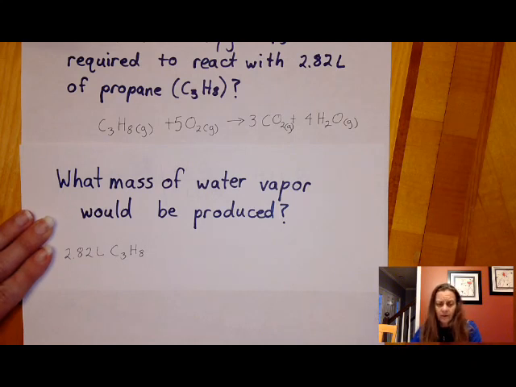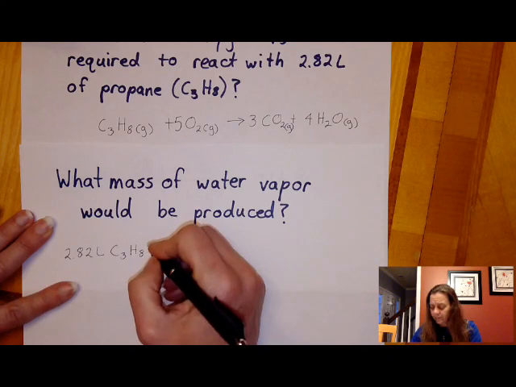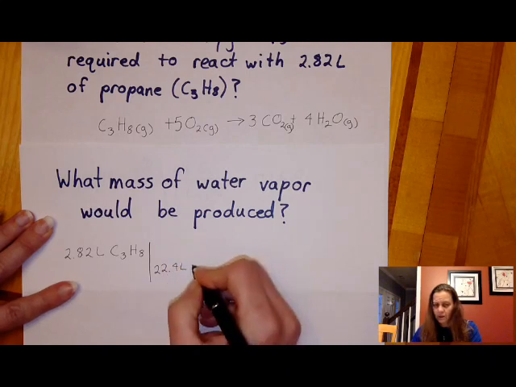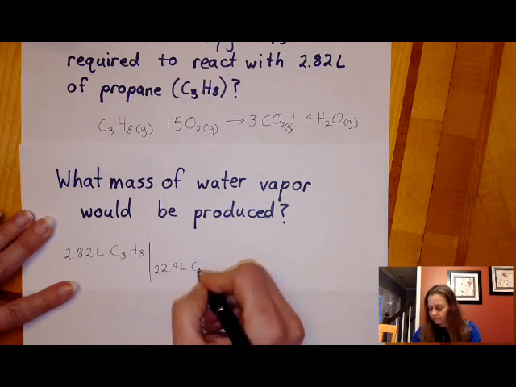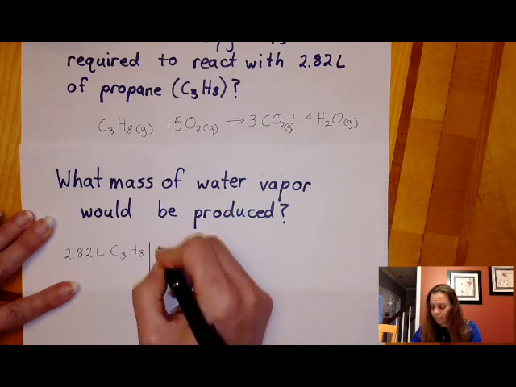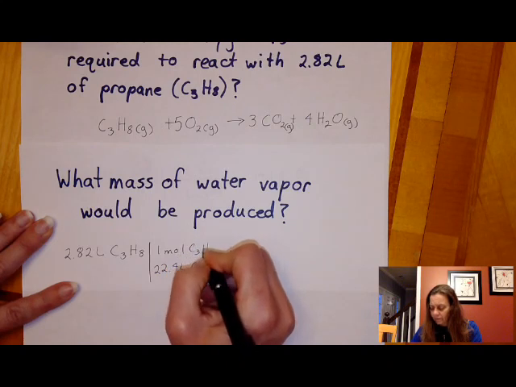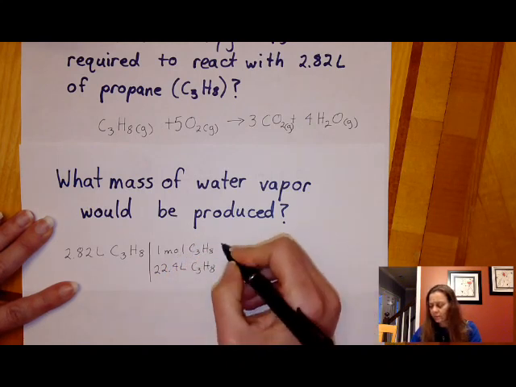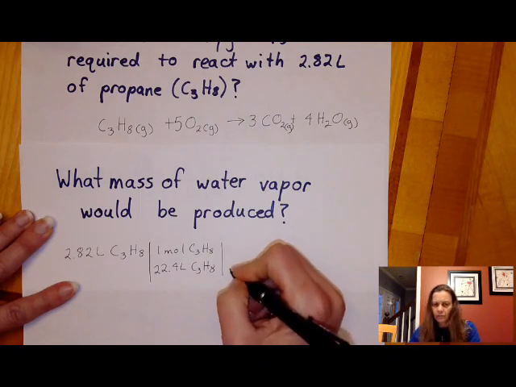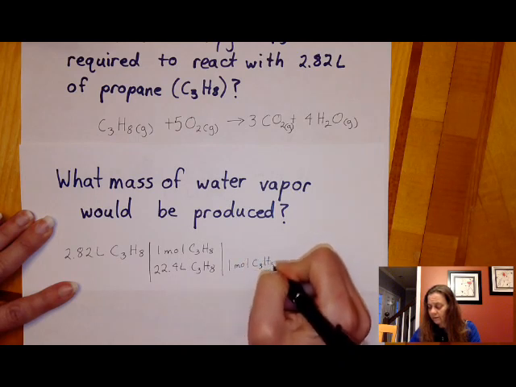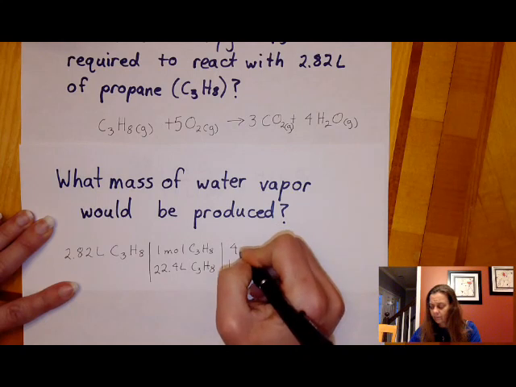Or we could go ahead and convert to moles at this point. And you'll remember from our stoichiometry unit that at standard temperature and pressure, 22.4 liters of a gas are equal to 1 mole of gas. So I've converted from liters to moles. Now I need to go from moles of propane to moles of water vapor. So 1 mole of propane from my balanced chemical equation to 4 moles of water.